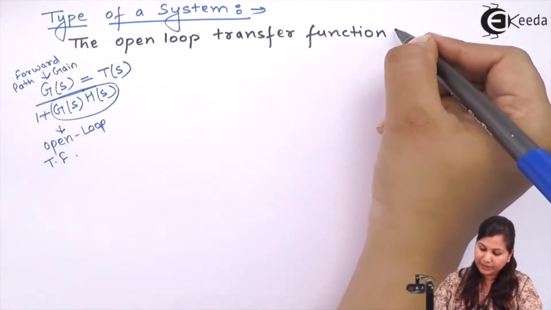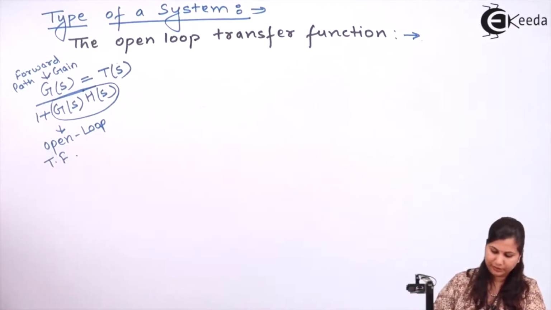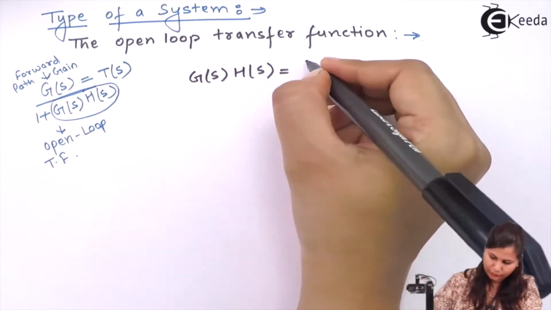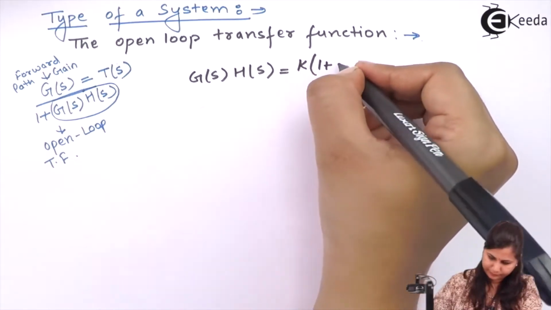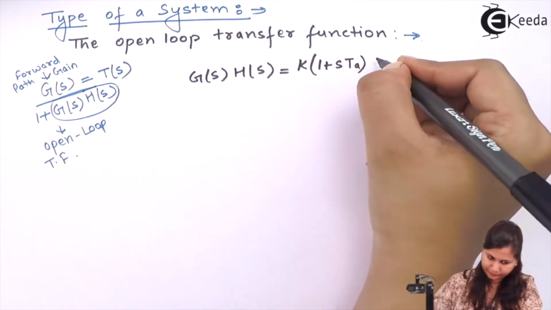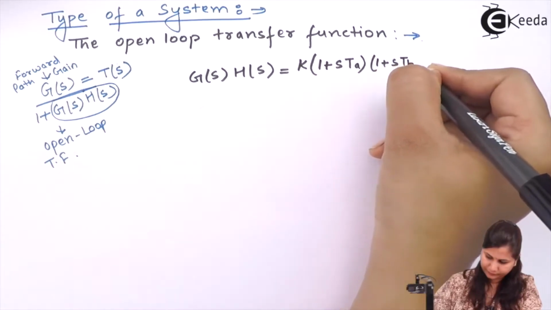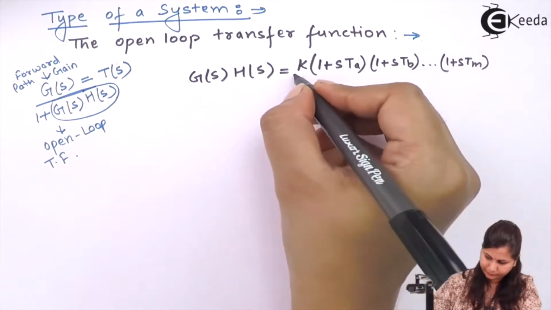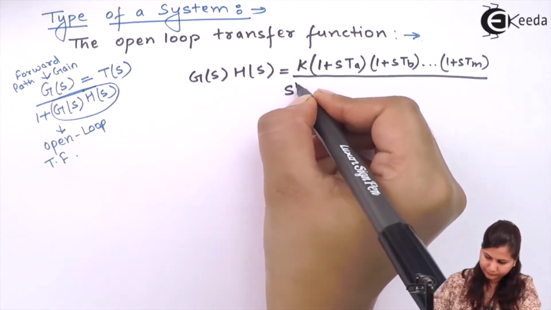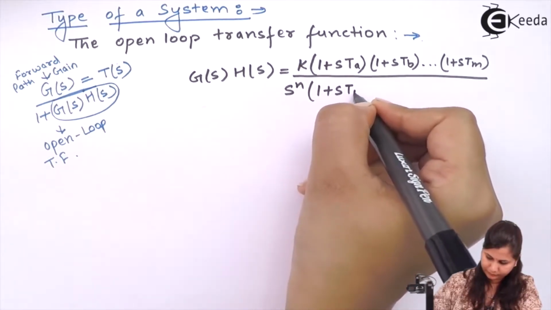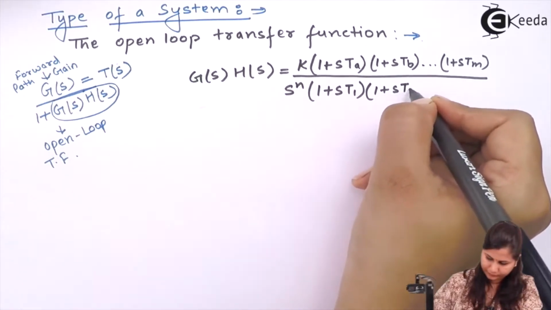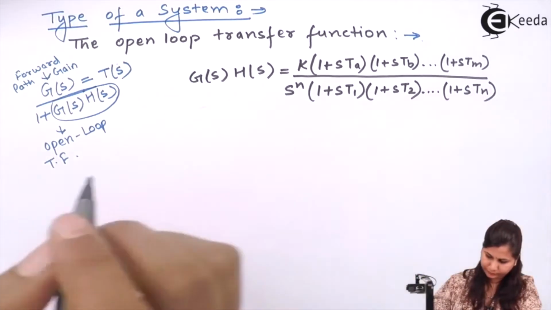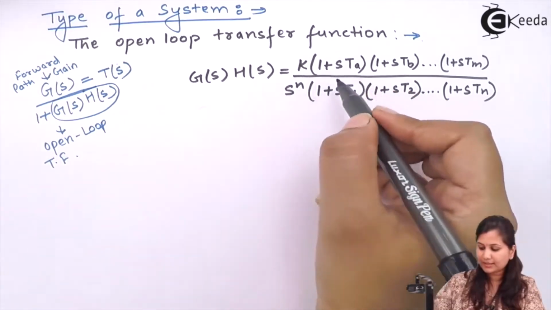So the open loop transfer function of a system is given by G(s)H(s) equals to this. So G(s)H(s) is defined as this.